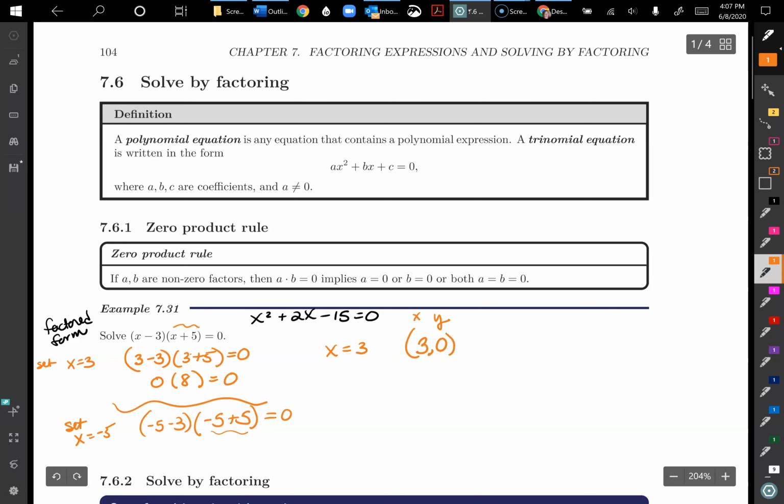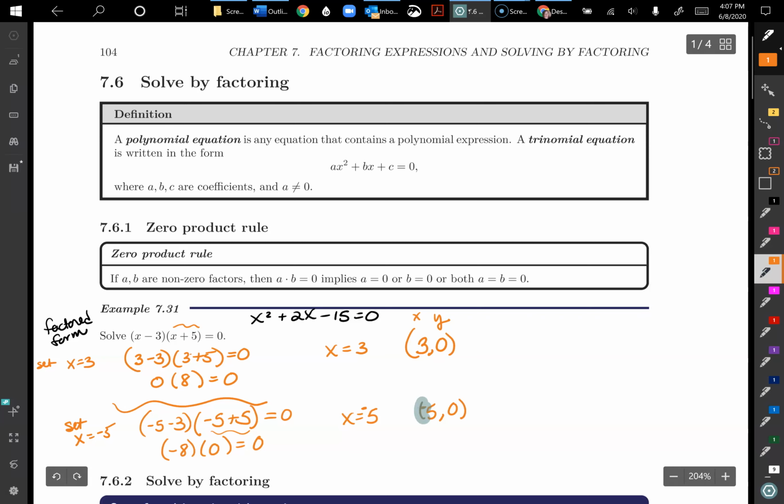So again, if any one of these factors is 0, the whole thing is going to be 0, the whole product. So that's why it's called the zero product property. So that's going to be -8 times 0 would in fact equal 0. So x equals -5 gives us the 0. Sorry, -5. Be careful of that.